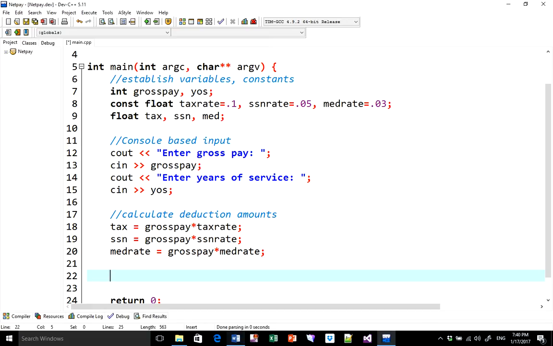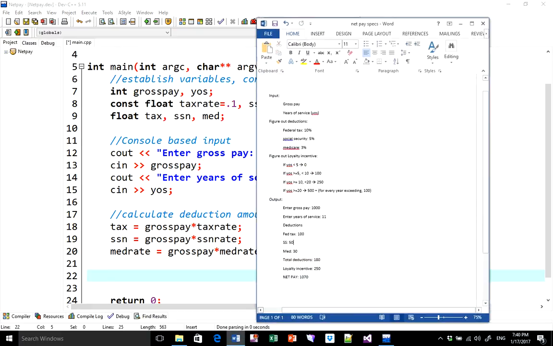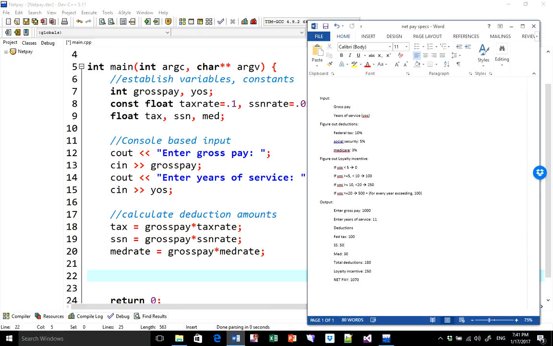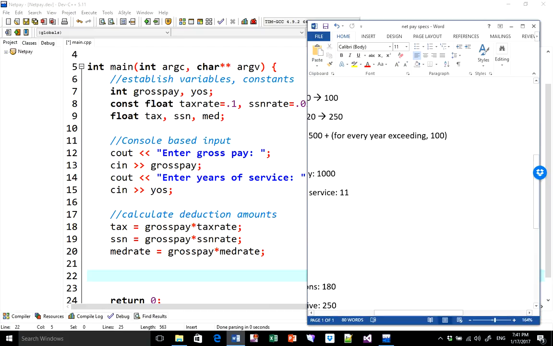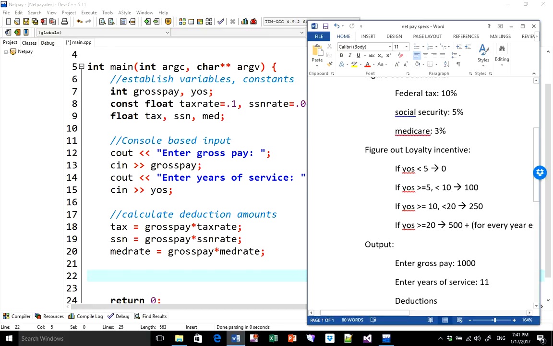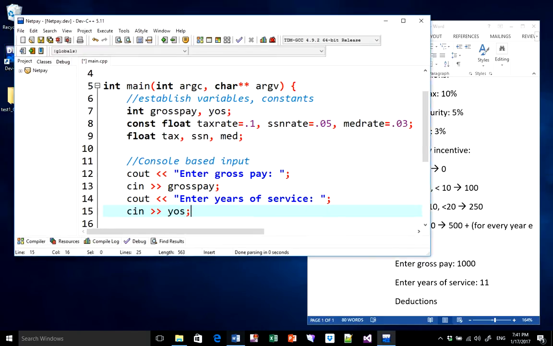You could define the parameters for years of service. Yes, very good. So let's do the years of service now. How do we come up with the years of service? Again, this is the rule we have for years of service. Let me make this a little bigger and focus on just that section.